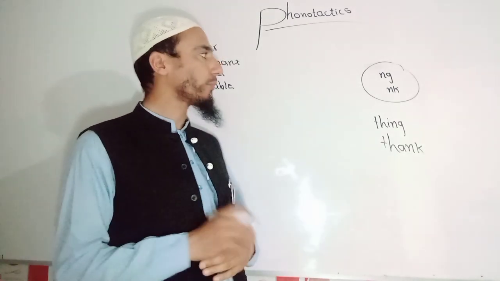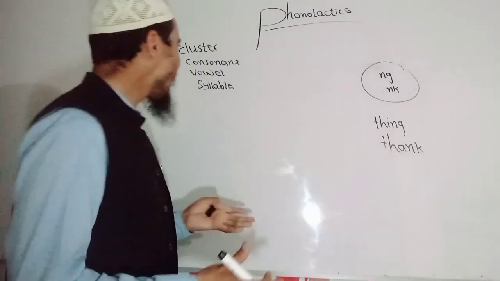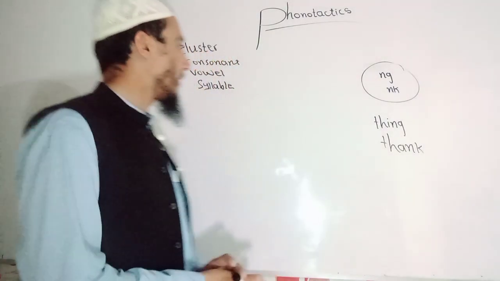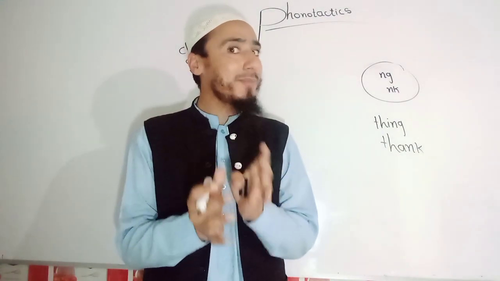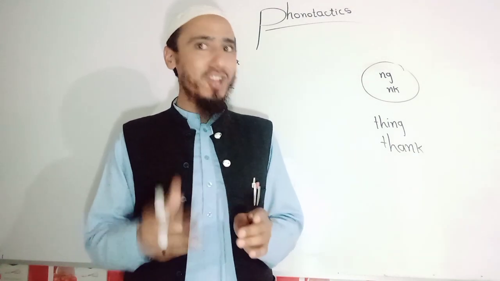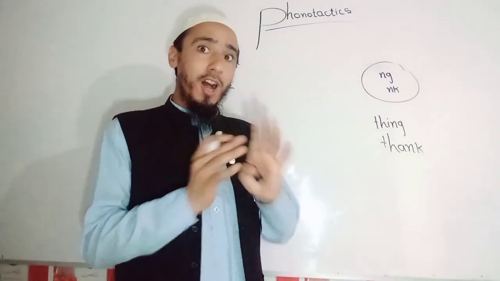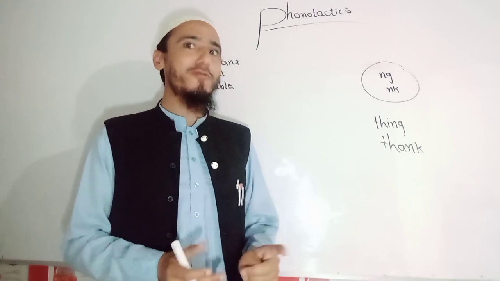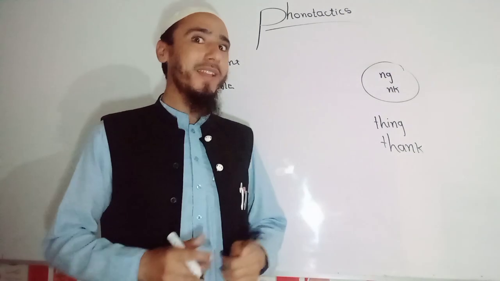Another thing we add when we talk about phonotactics is that there must be a maximum for clusters. As I told you, a cluster is the combination of consonant sounds. So, how many clusters will be there in a word? That is one question. And how many consonants must be there in a cluster?